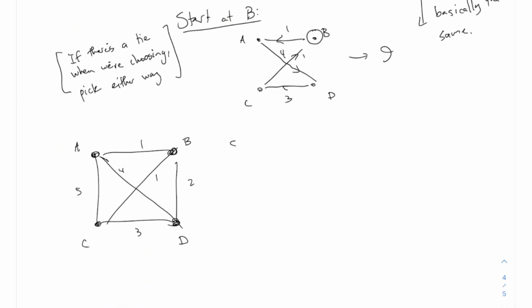What about starting at C? That's this one down here. If I start at C, where should I go first? Somebody can shout it out. Up to B, right? That's a 1, the diagonal edge going up. So I go up here, which is a 1.